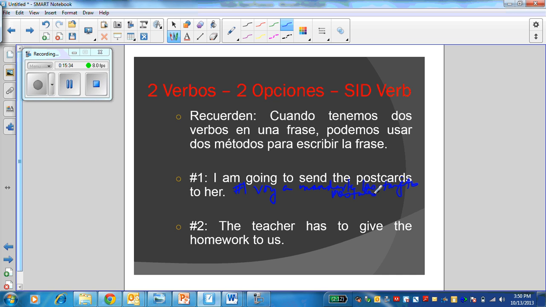What if I want to say I'm going to send them to her? I am the subject. The postcards are the direct object, so we're going to use las.